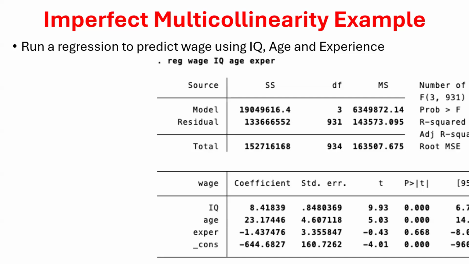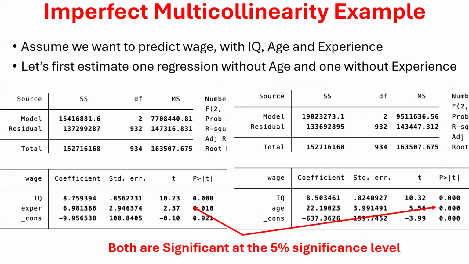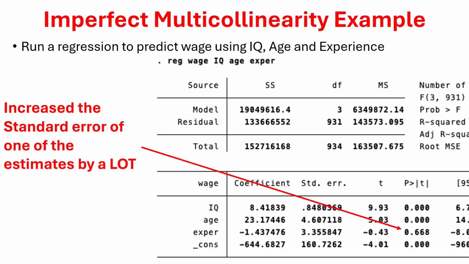So I said, what's going to happen if we have these imperfectly multicollinear variables? One of them is going to have much larger standard errors. So if we look here, my standard error on this experience variable went from 2.9 to 3.35. So it increased that standard error.